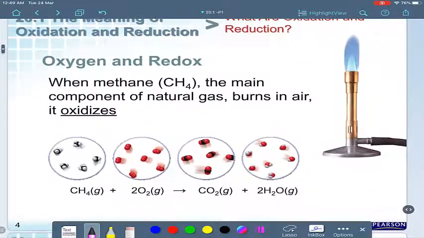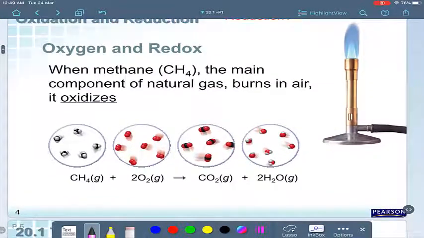We need to understand more in the case of a real reaction. Look at this example. First, oxygen reacts with a substance and produces some products. If oxidation happens and also reduction, as I said, because there is no oxidation alone, at this moment we call the reaction redox.